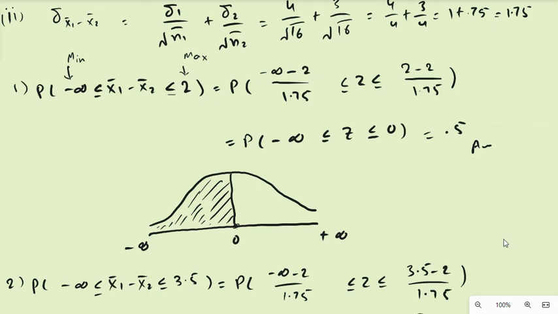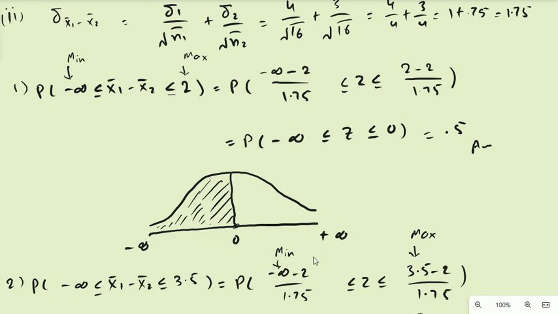Again, repeating the same process, we have to put the maximum limit and the minimum limit. Between minus infinity and 3.5, 3.5 is greater, so that is the maximum limit and minus infinity is the minimum limit. Minimum limit minus 2 divided by 1.75, or maximum limit minus 2 divided by 1.75.